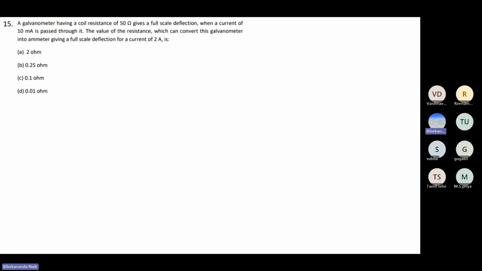Then question number 15. Question says a galvanometer having a coil resistance of 50 ohm gives a full scale deflection when a current of 10 milliampere is passed through it. The value of the resistance which can convert this galvanometer into an ammeter giving a full scale deflection for a 2 ampere current is.